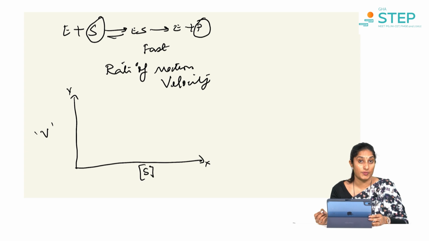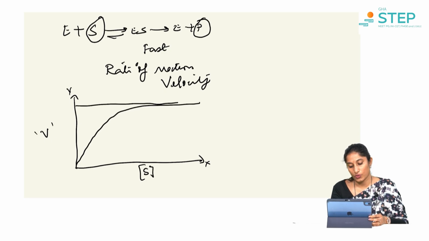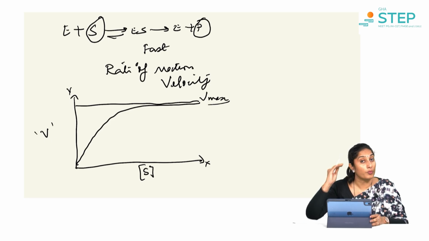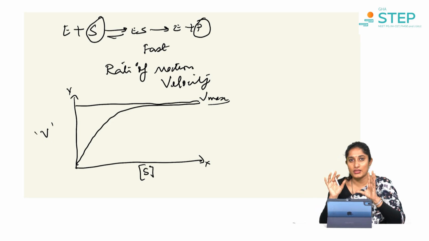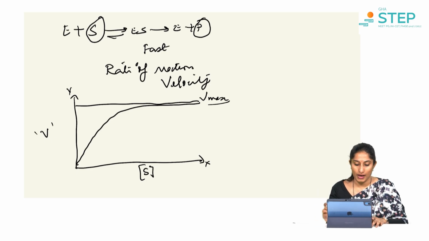Now, when I increase the substrate, we see the velocity changes over here. So, this is a common rate of reaction. When I add the substrate, we assume that the enzymes are present and we see at what point the maximum velocity is reached. So, this is just a basic of what is an enzyme activity.